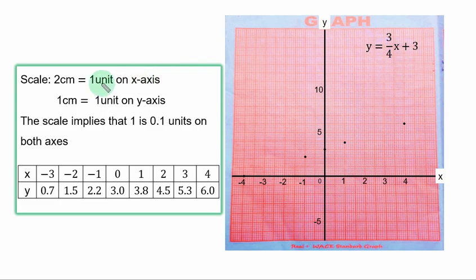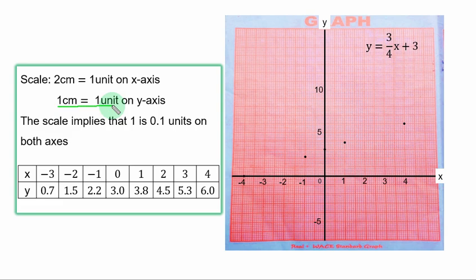So you have the given scale. The scale given in the question is 2 cm to 1 unit on both axes. But if you check the second table of values, one of the values of y is 12. So if you go by that scale, you cannot get 12 on the graph sheet. So the scale is adjusted to 1 centimeter to 1 unit on y axis.